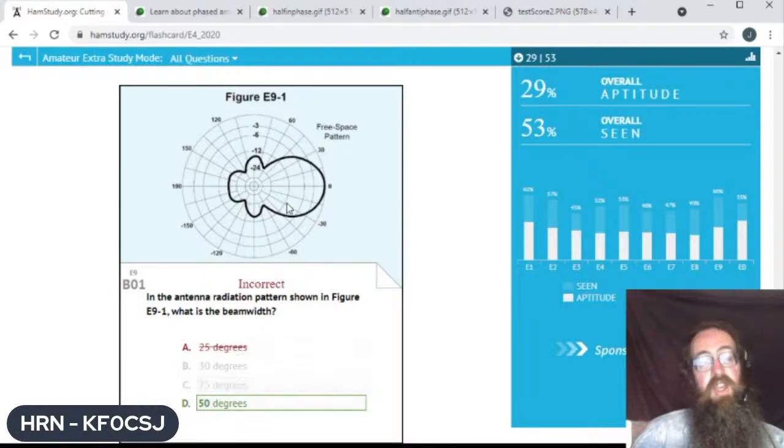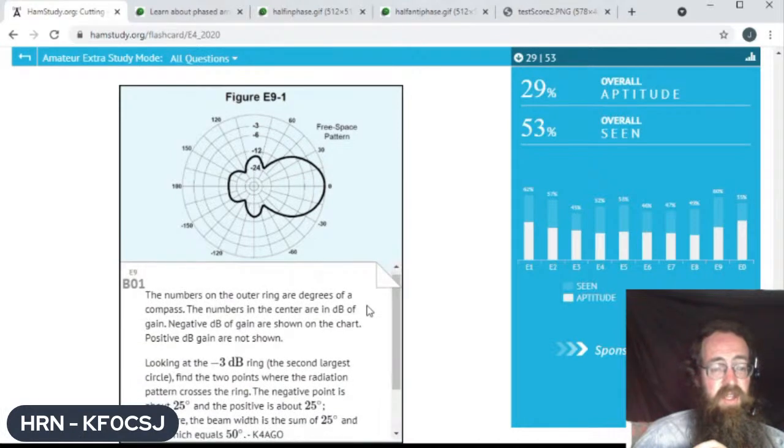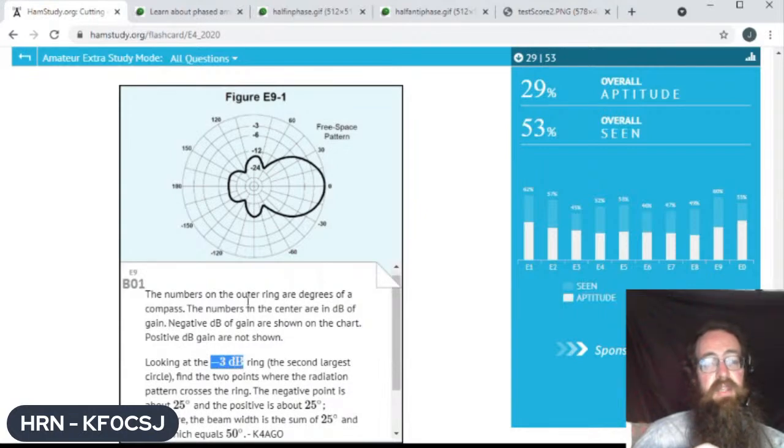Okay, 25 on either side, so 50 total. The beam width is at 3 dB.